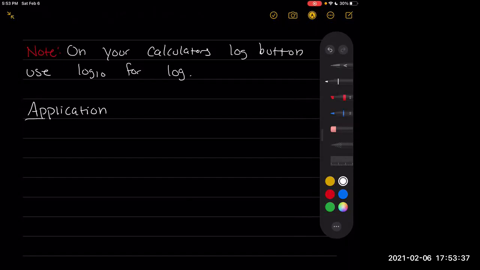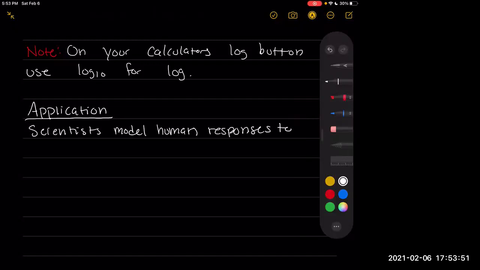So scientists model human responses to stimuli using logarithmic functions.